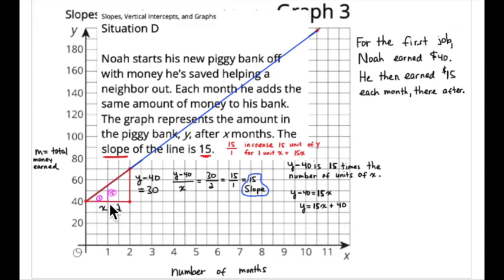So in 1 month he had $15 plus 40, that's $55. In 2 months he had $30, 2 times 15 is $30, plus this 40 gets him up to $70. So for the first job, Noah earned $40, and then he earned $15 each month thereafter.